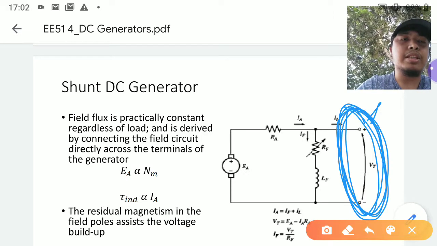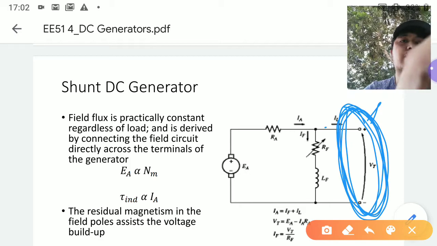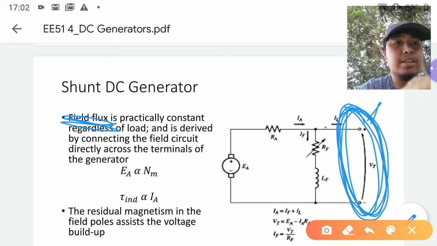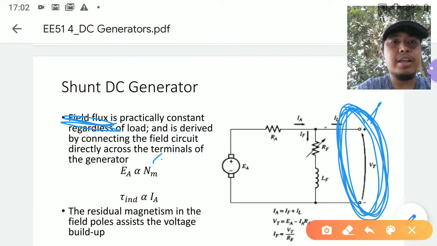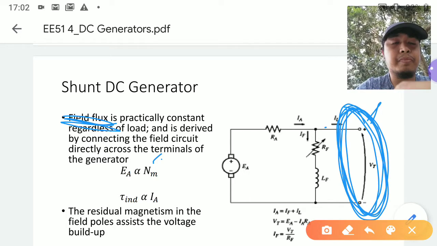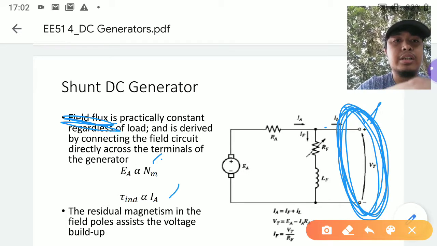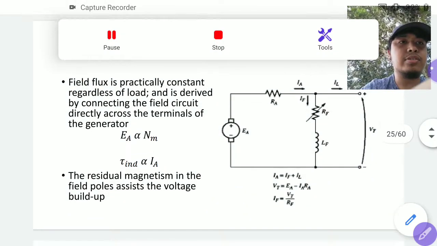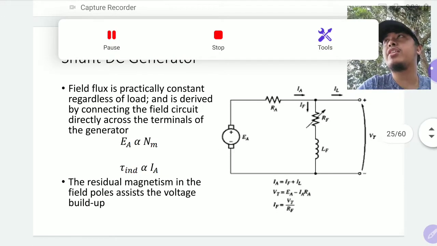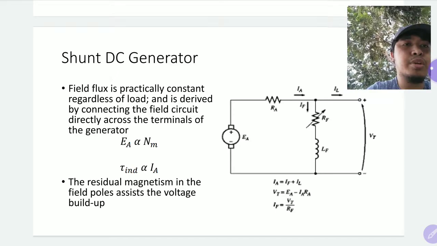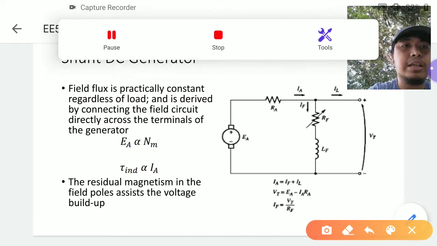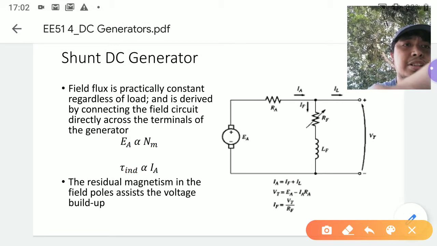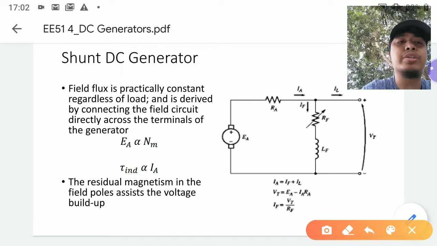And if you make this constant, that makes your field flux practically constant regardless of loading. And then you have the same relationship for EA and N, the same for torque and armature current. Now, what's interesting here, as opposed to your separately excited DC generator, is that your working equations are a bit challenging. The field current is no longer equivalent to the load current.